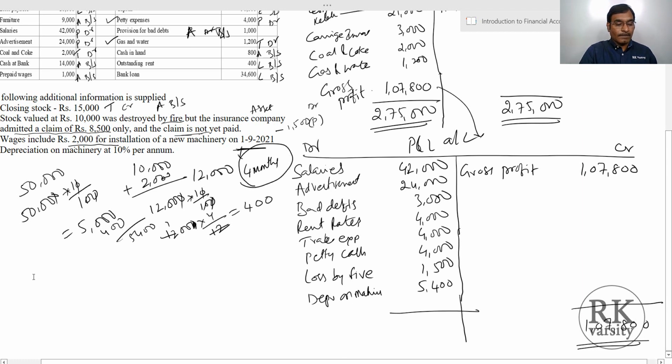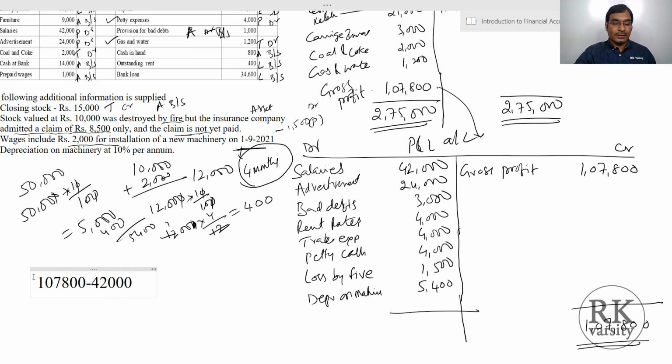So 1,07,800 minus 42,000 minus 24,000 minus 3,000 minus 4,000, another 4,000, minus 1,500 minus 5,400.